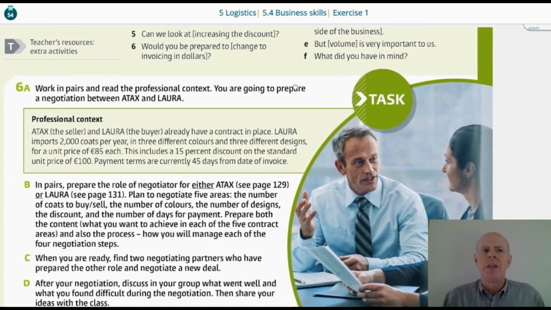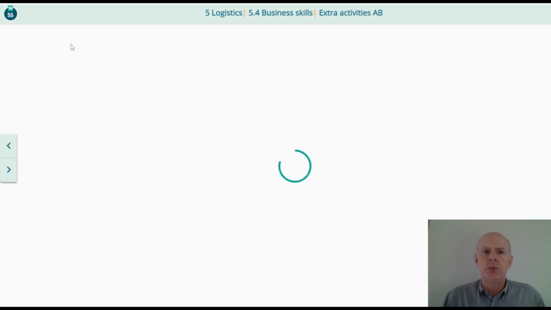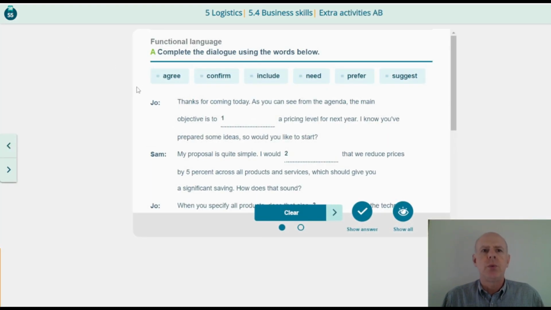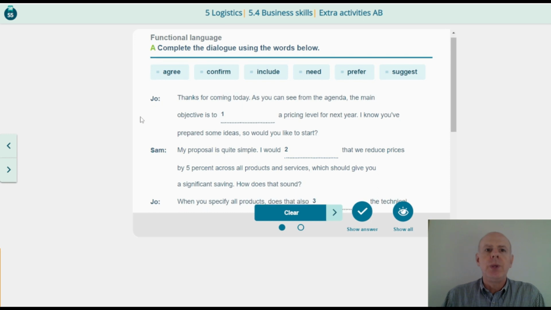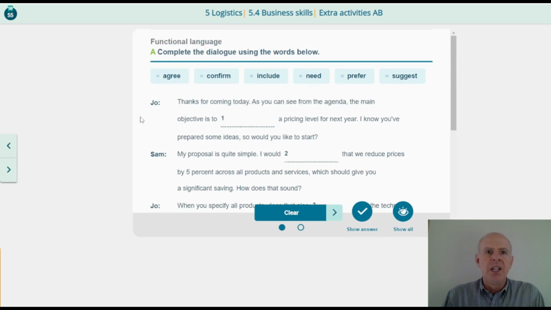All right? But we have this extra activity here that is going to work a little longer, a little further with these ideas here. We have another dialogue here. Complete the dialogue using the words below.